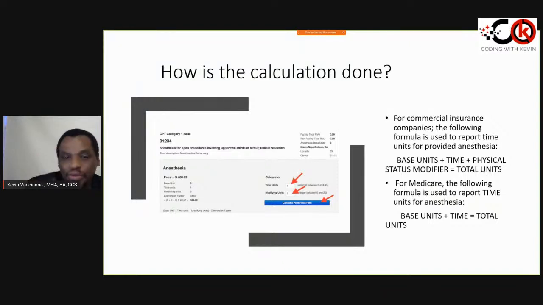Your time, again, you arrive at from the actual medical record. Your physical status modifier is going to be calculated based on what's in your guide. So your physical status modifier, that's your P1, your P2, your P3, your P4, your P5, your P6. All of those are going to have a numerical value attached to them. That's what you're going to utilize to add these up.